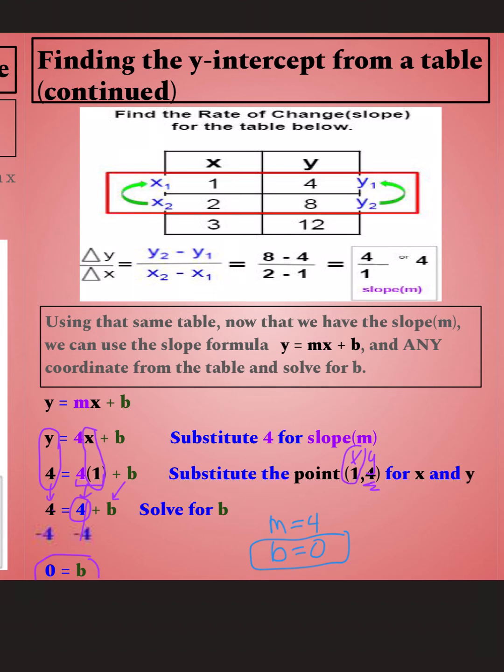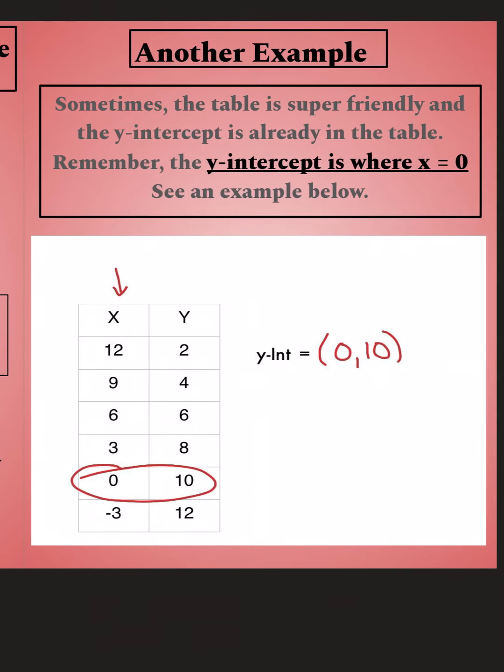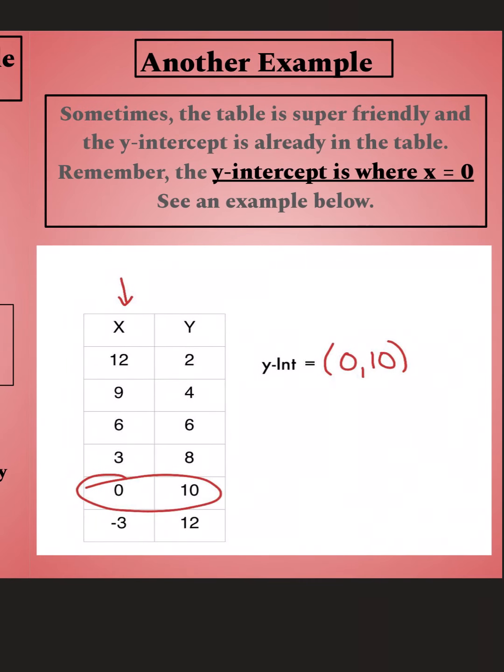If we go to the next slide, there are some tables sometimes that are real easy. Real easy because if we know from slope on a graph, for example, if I just draw a random graph here.